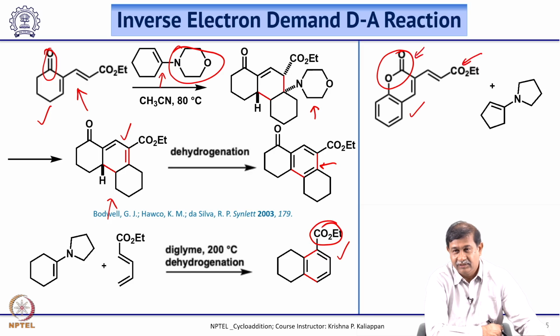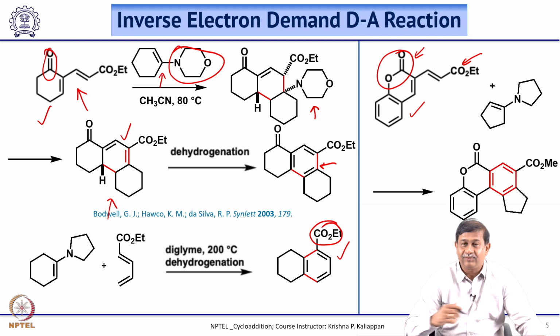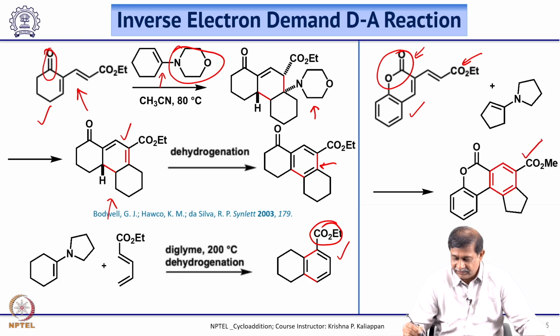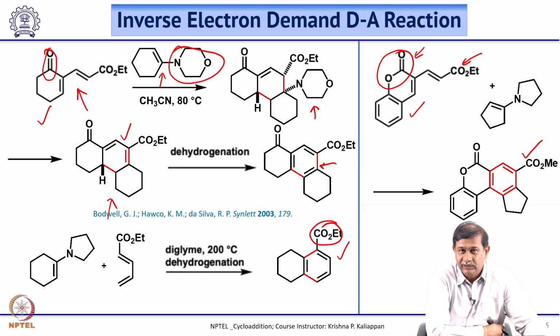So, now you carry out this Diels-Alder reaction followed by dehydrogenation, you get a tetracyclic compound. Okay. So, this is another interesting method to generate an aromatic ring via Diels-Alder reaction followed by dehydrogenation reaction.